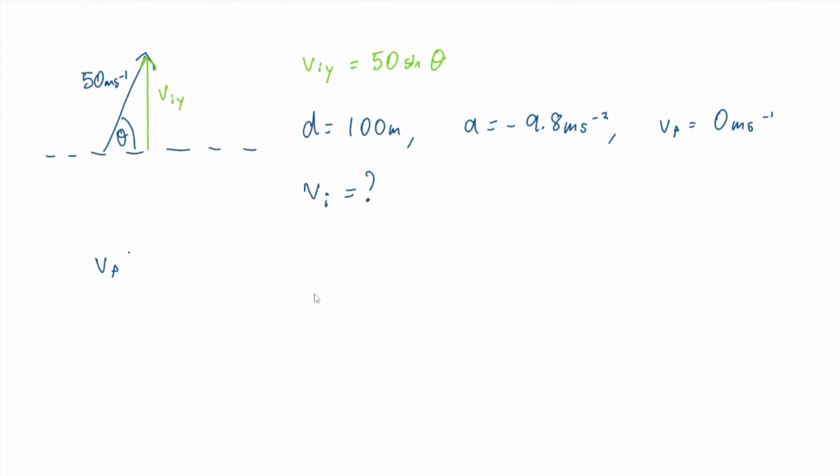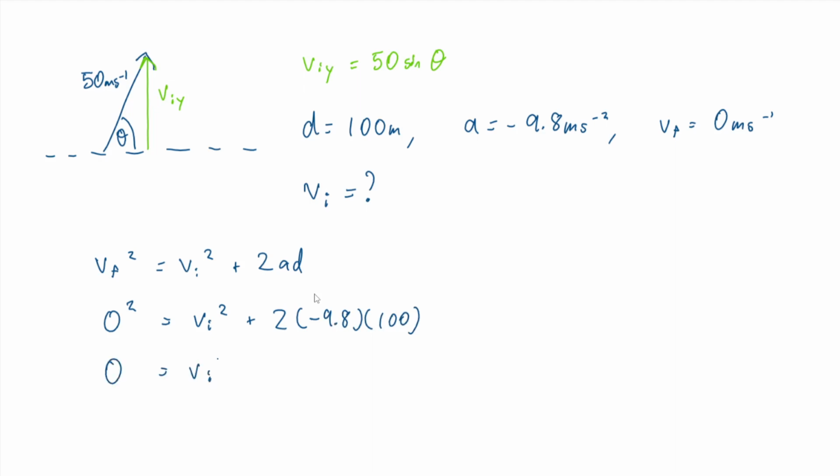So Vf squared equals Vi squared plus 2AD. Substituting in our knowns, final is 0. Vi, that's what we're looking for, plus 2 times negative 9.8 times 100. So 0 equals Vi squared. 2 times negative 9.8 is negative 19.6, times 100 is negative 1960.